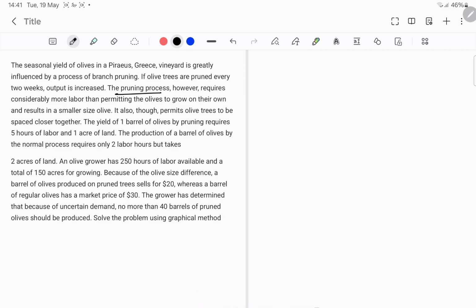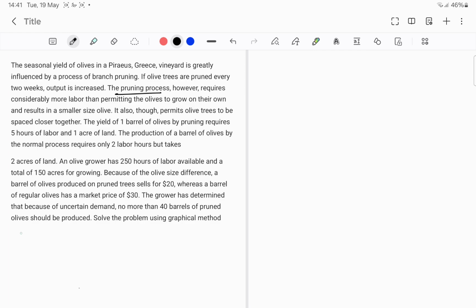Another one is natural olive. We have to solve how many barrels of pruned olive and how many barrels of natural olive should be grown to maximize the revenue. So this is a revenue maximization problem.